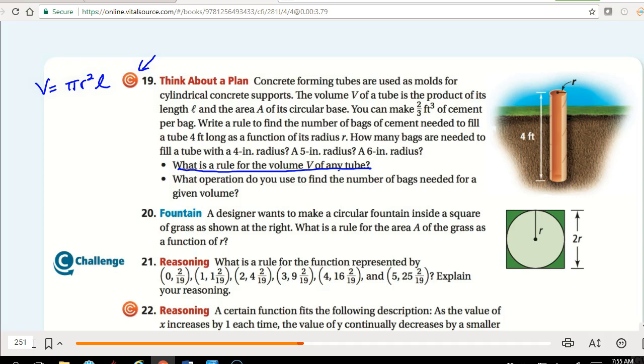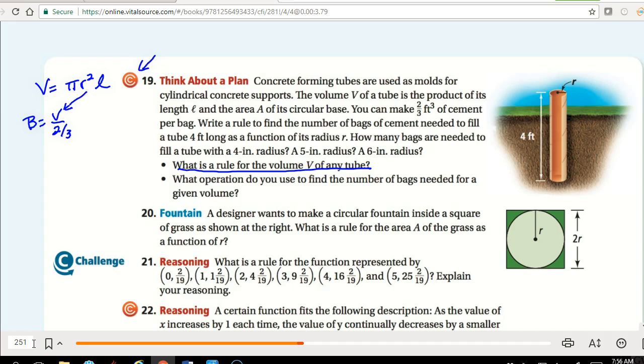Now, once you find that, in order to find how many cement bags it's going to take, you're going to take the volume and divide it by 2/3. So you're going to find the volume, and that volume is going to go in for V right here.